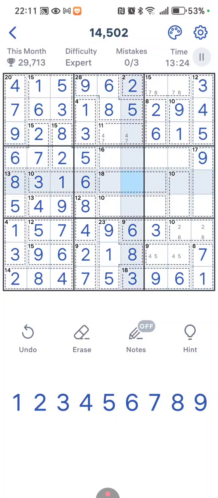Bit of scanning means that's a 9. Just do a little bit of scanning. There might be some obvious ones I'm missing. Okay, 8 can only go there and there, so that has to be 8.